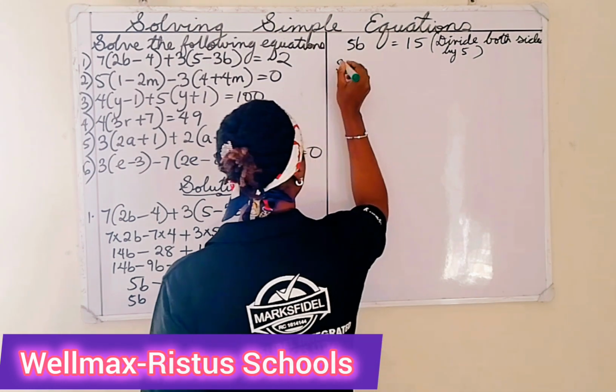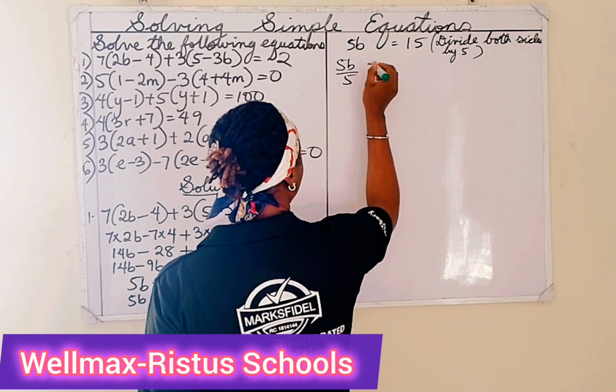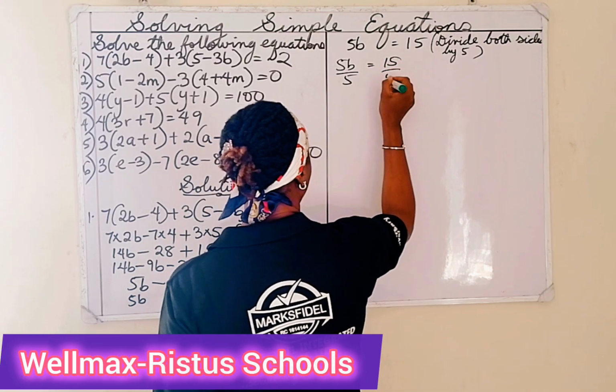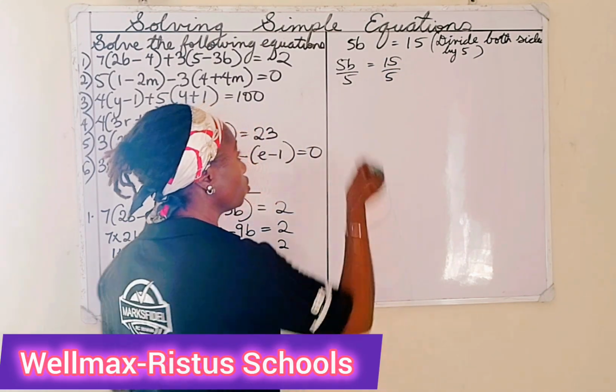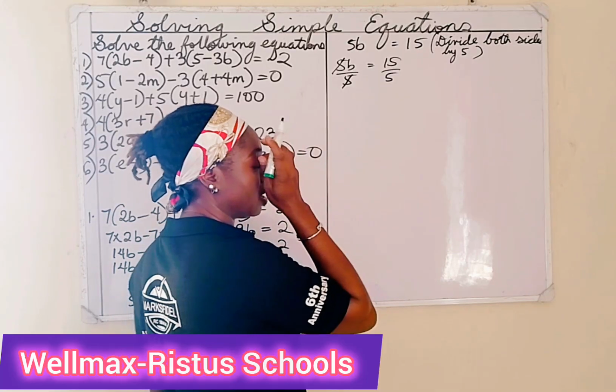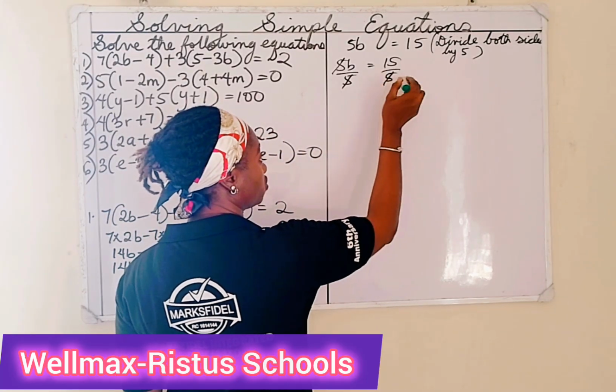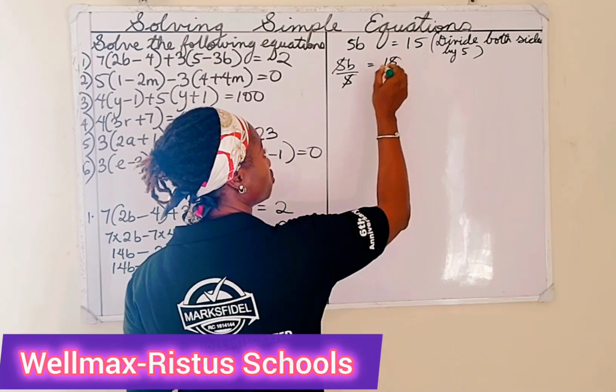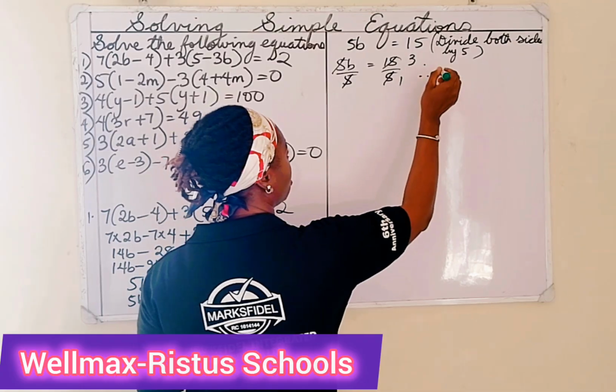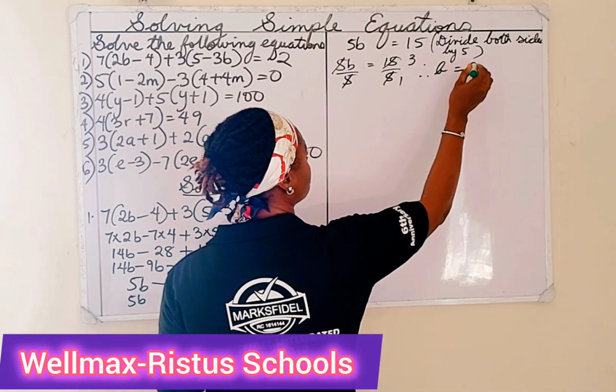So we have 5b divided by 5 equals 15 divided by 5. Cross out 5 here, because 5 into 5 gives us 1, and 5 into 15 gives us 3. Therefore, b equals 3.